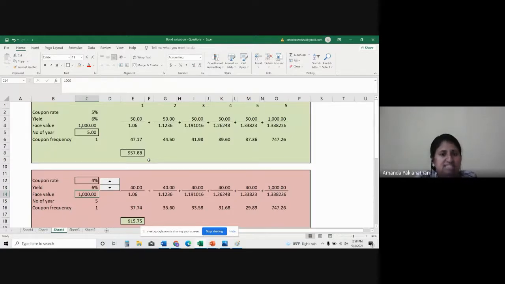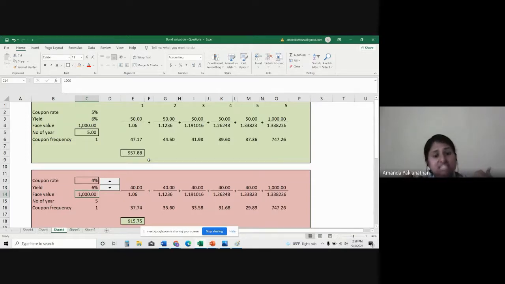In such a situation, will there be more demand for this bond? No. If I'm expecting 6, it doesn't mean only me. The market would be expecting an average of 6%. So if the issuer is only giving 4%, nobody else would be willing to buy this bond. Why? It doesn't even match our expected rate of return.